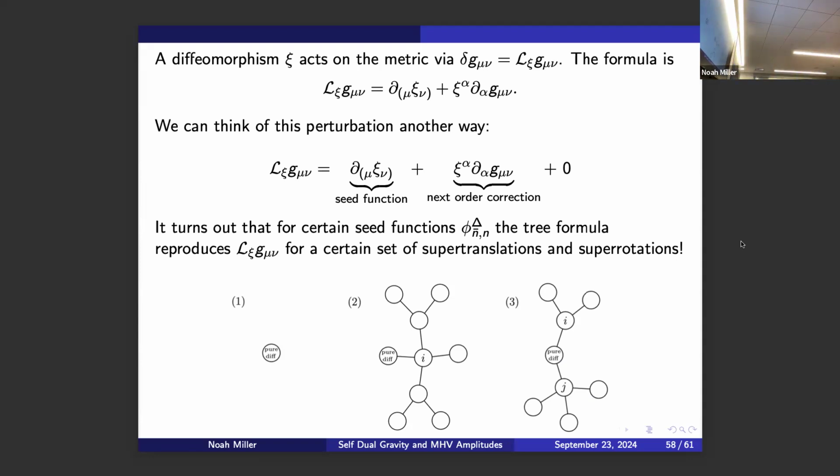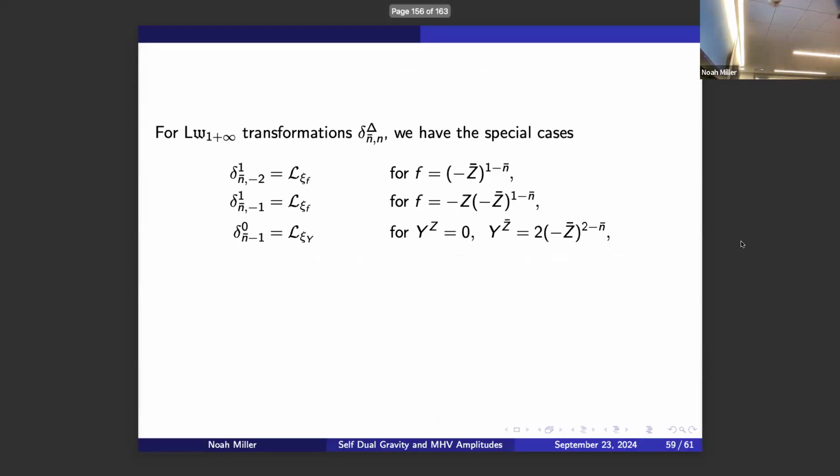So it actually turns out that for certain sets of these descendant modes, you literally reproduce the, oh yeah, I actually wrote it there. So for these sets of modes here and here, you reproduce the action of the Lie derivative of two rungs of supertranslations. It's not all the supertranslations, but it's two of the rungs.